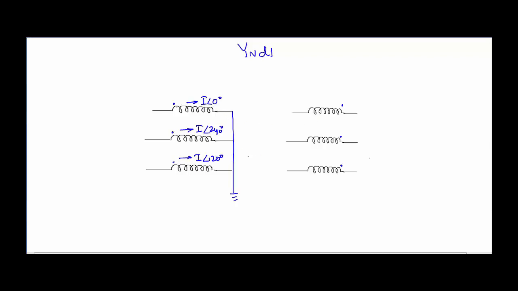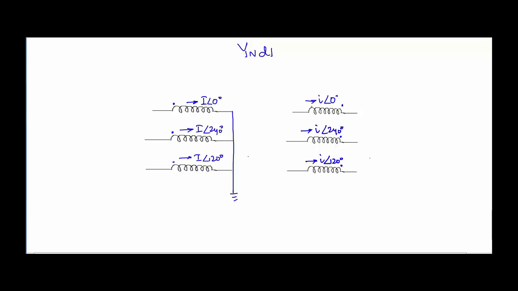Since there is a flow of current in this winding, in order to balance that flow, we are going to have a flow of current in this winding as well, and its direction will be something like this, and its angle will be 0 degrees. I have just taken small i because the magnitude may not be the same, but the angle is going to be the same. For this winding it will be small i at an angle of 240 degrees, and here small i at an angle of 120 degrees.